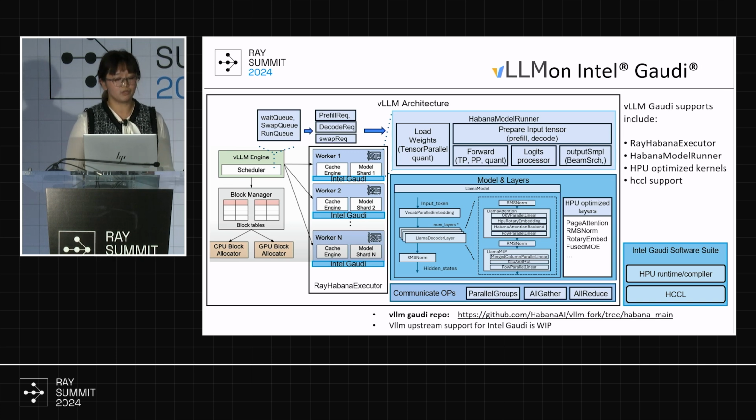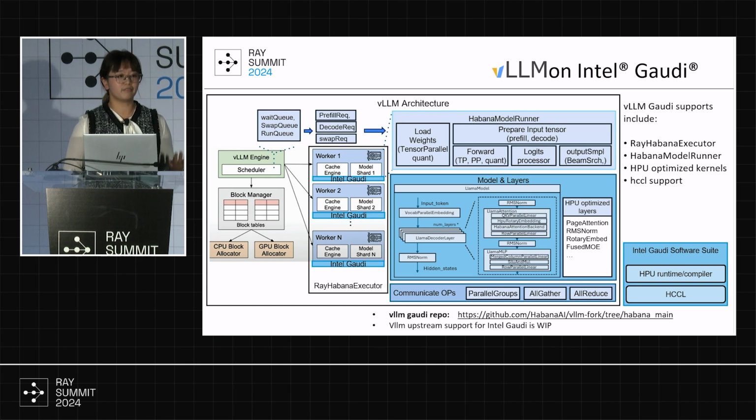In the Habana model runner, we add a wrapping function to the loading weights, which will initialize the model at the beginning, so we can have a better model quantization implementation and other things in the loading weights function.